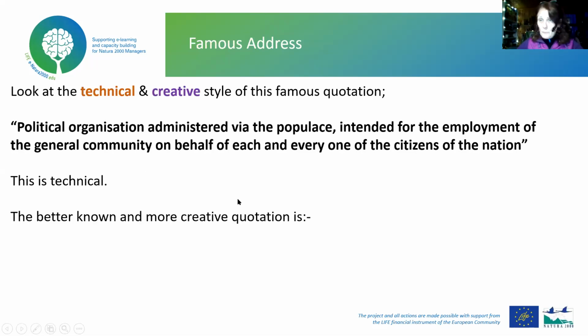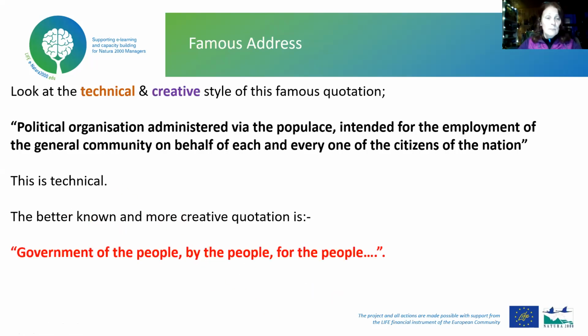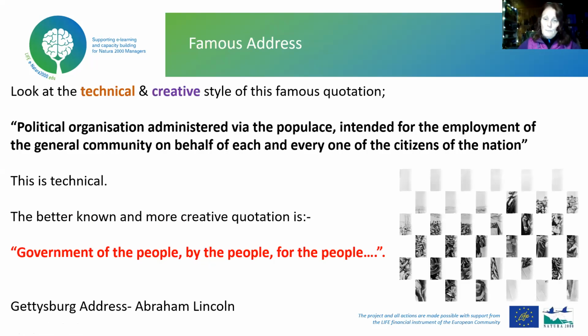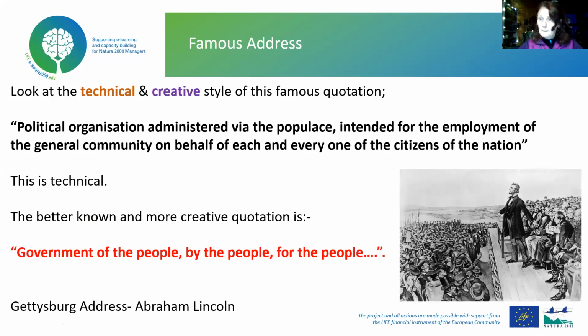The better known and more creative version of this quotation is government of the people, by the people, for the people. Now, does that statement meet our 5 tests of good writing? It has clarity, it has brevity, it has simplicity, it has humanity, and it certainly is authentic, because it's the Gettysburg Address by Abraham Lincoln.